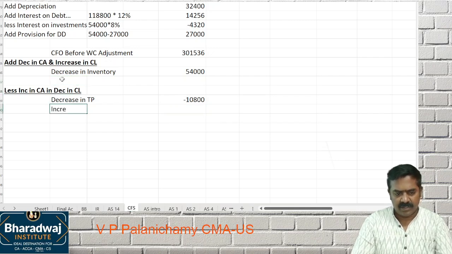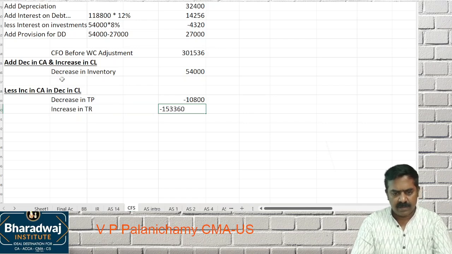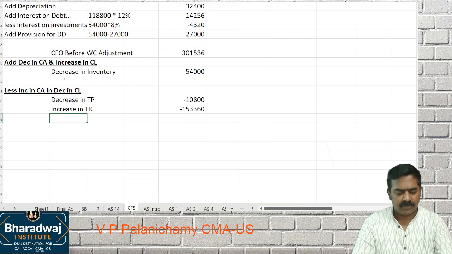Then that also, increase in trade receivables gross 1 lakh, 1,53,360. Then no other current assets given.